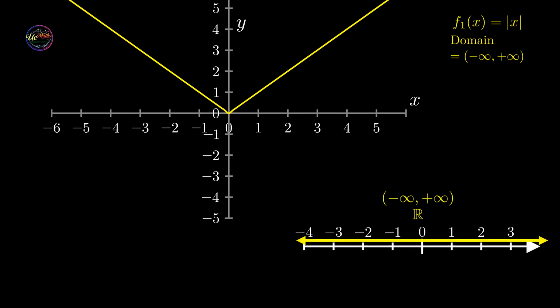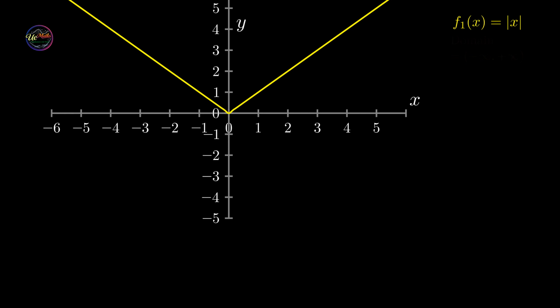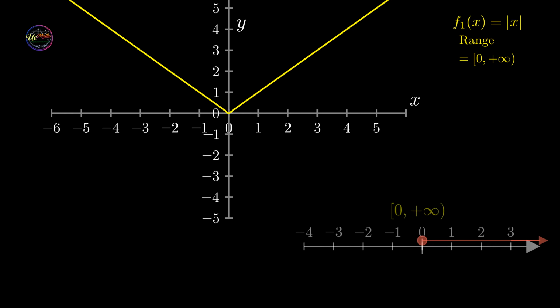Therefore, the domain of the yellow curve is all real numbers. So the range is the closed interval from 0 to positive infinity.